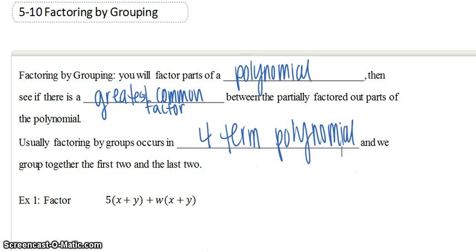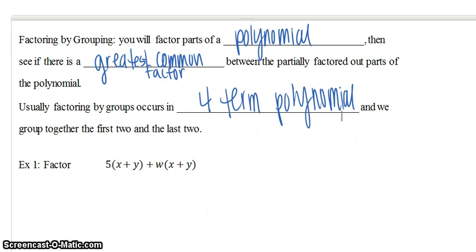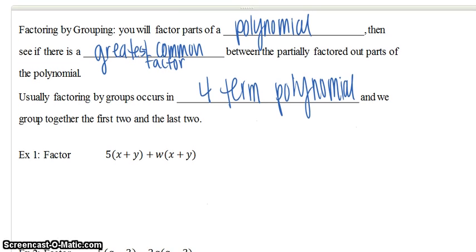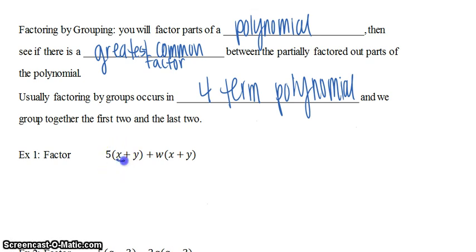So we're going to kind of work our way into factoring by grouping. First, you might see this. You might think, Ms. Robinson, that's not a 4-term polynomial. It would be if you were to distribute out the 5 and the w. But right now, they're actually making our life so much easier. So you see how we have x plus y twice.